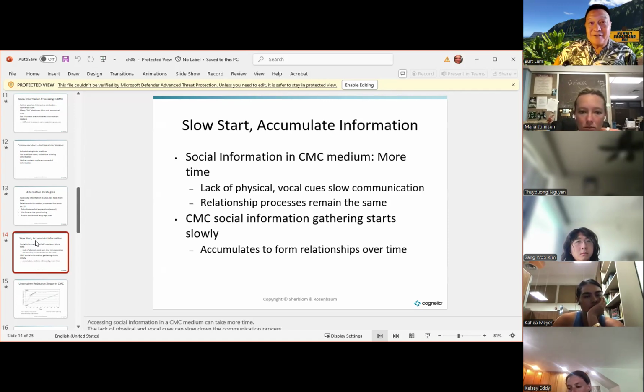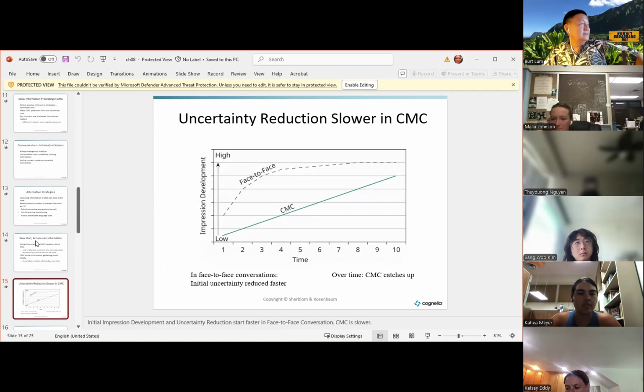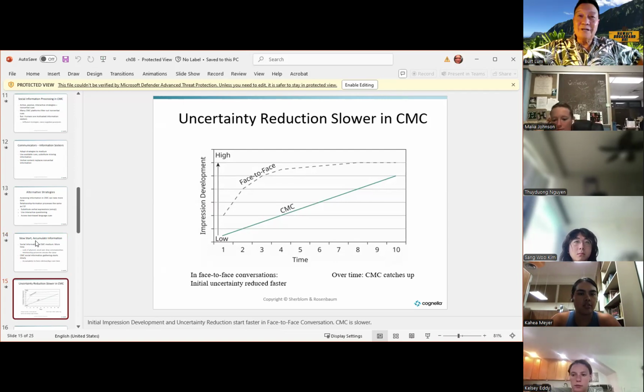CMC social information gathering: start slowly, accumulate to form relationships over time. Now this next graph indicates exactly what they just said. So if you're using CMC and that's primarily your vehicle, and as I mentioned, I might interact with some folks, chances are I'm not going to really remember them.